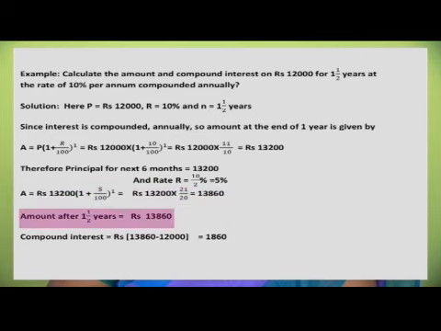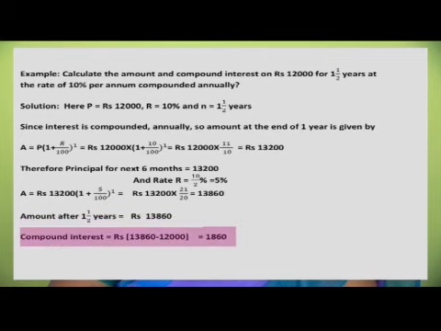So, the amount after 1.5 years is equal to rupees 13,860 and the compound interest may be calculated as rupees 13,860 minus 12,000, which is the principal amount. So, the compound interest becomes rupees 1,860.